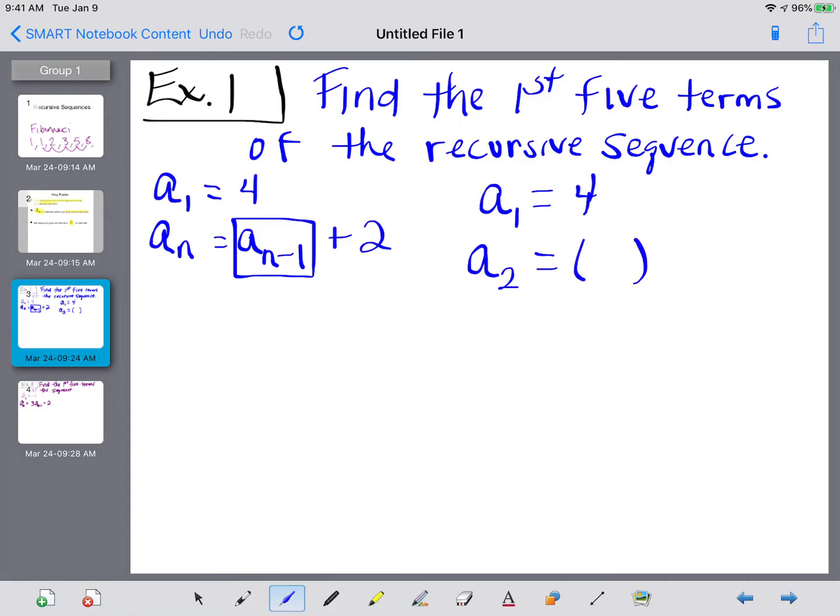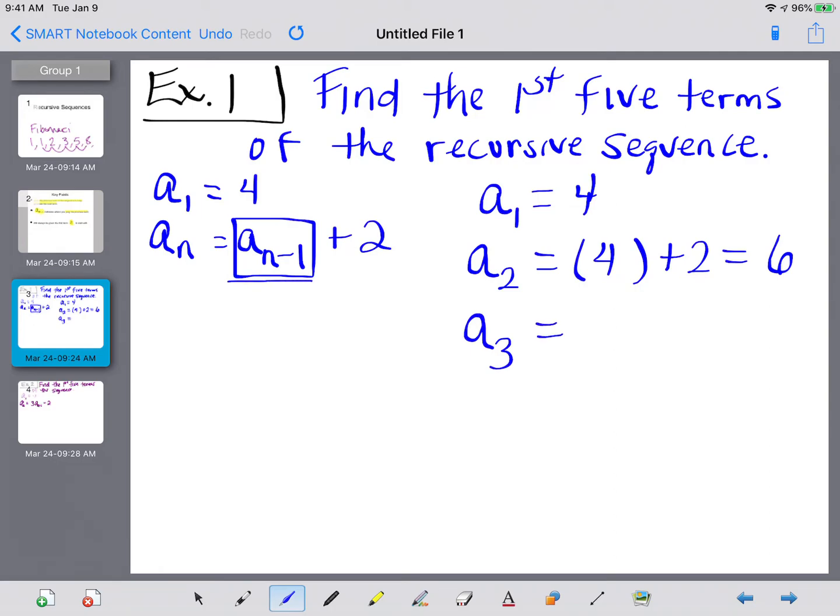First term of the sequence was 4, so I'm going to plug in 4. Continue the equation with the plus 2 at the end. 4 plus 2 means the second term of the sequence is 6. Now we need to find the third term of the sequence, or a sub 3.